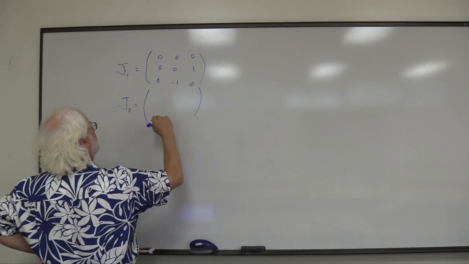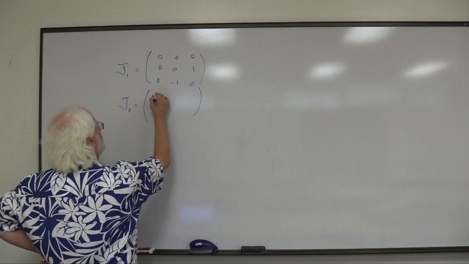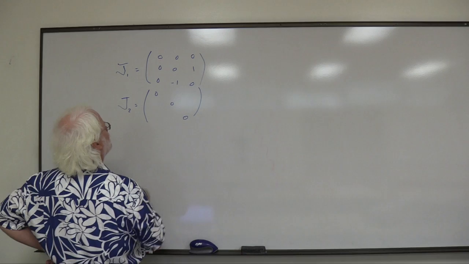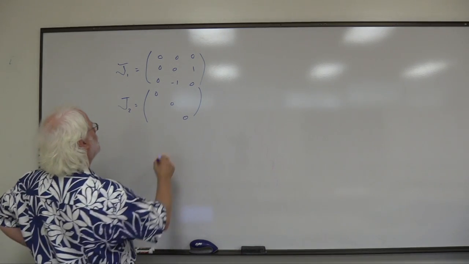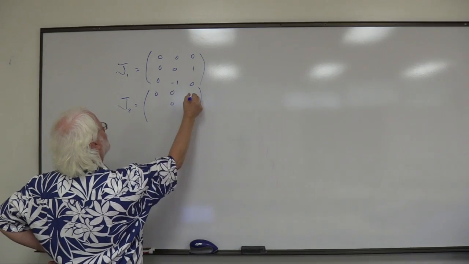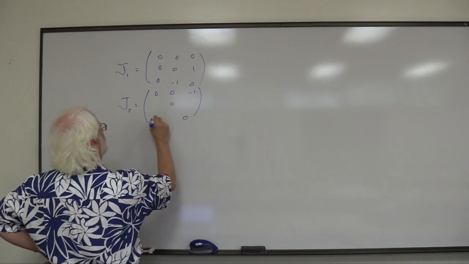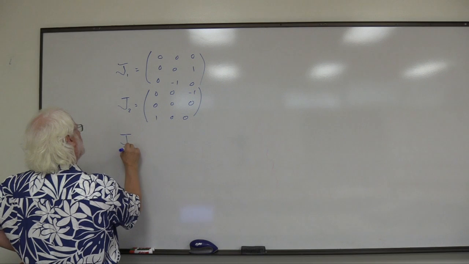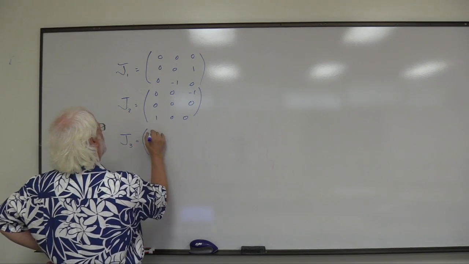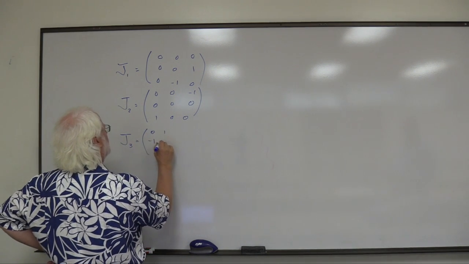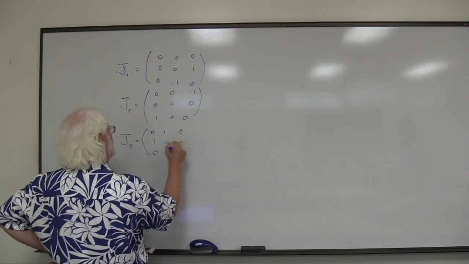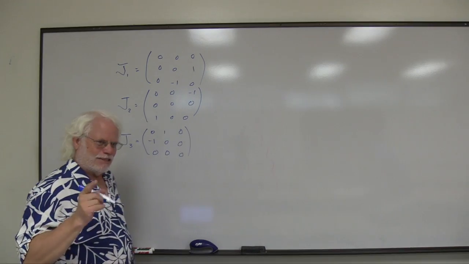I just forgot the way I used zero. In the top row, 0, 0, minus 1, and then everything else. There's a way to remember them. And that's what I forgot.